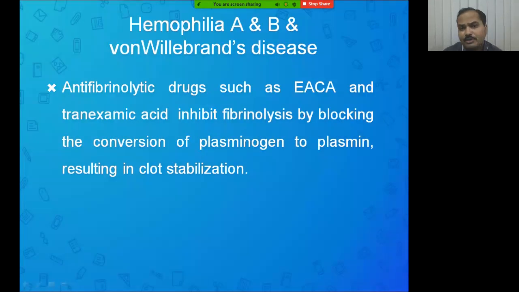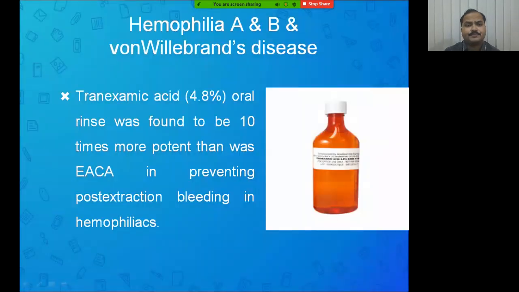Then the antifibrinolytic drugs which are used, preferably EACA and tranexamic acid, inhibit fibrinolysis by blocking the conversion of plasminogen to plasmin, resulting in clot stabilization. So antifibrinolytic drugs cause clot stabilization.